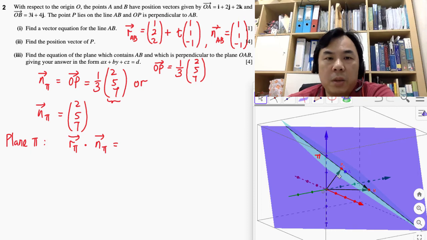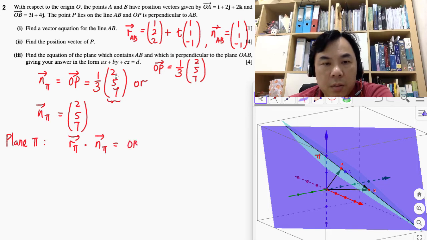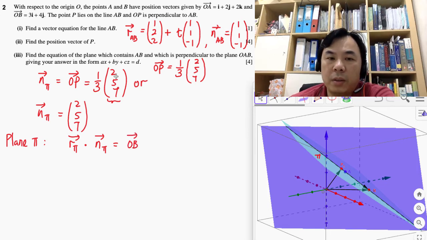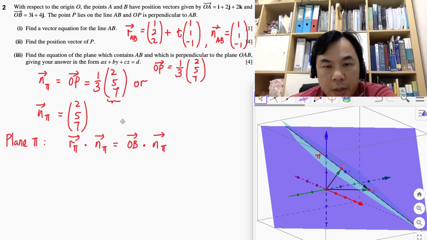Since line AB is on the plane, we might as well choose either point A or B. Previously I made use of point A, so this time I can use point B instead. I'm going to use position vector B and dot it with the normal vector. Okay, and there you have it. All you need to do is, again, I need to make a remark: this one is actually given in Cartesian form this way.